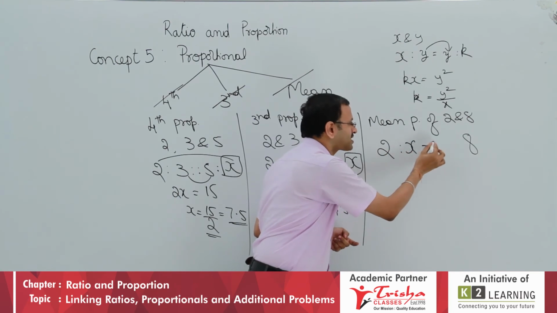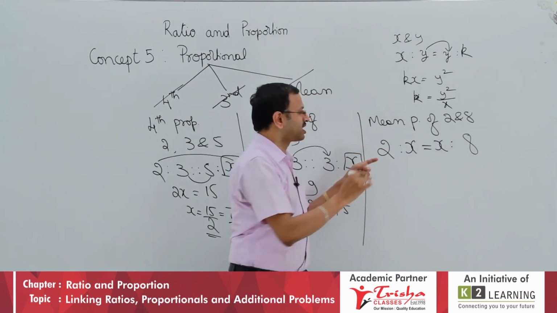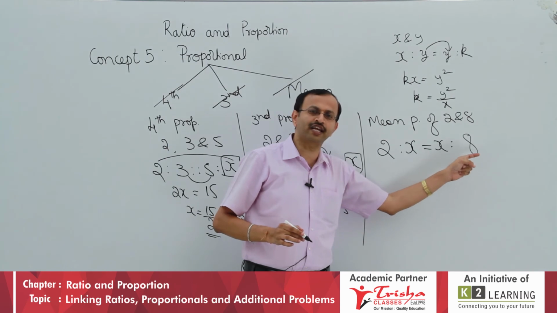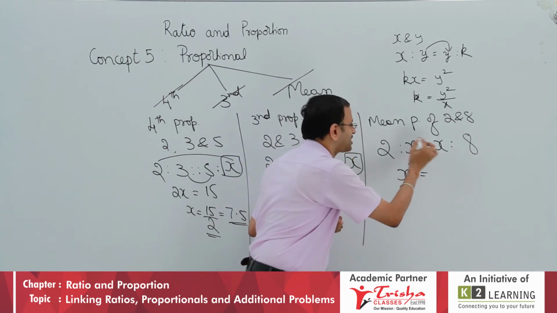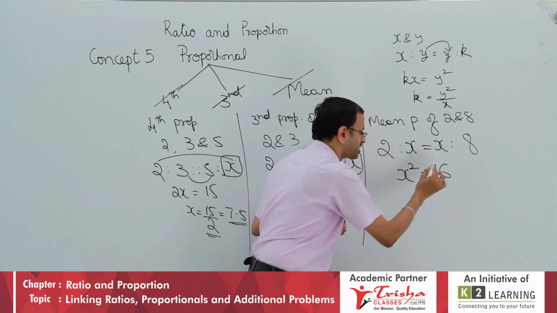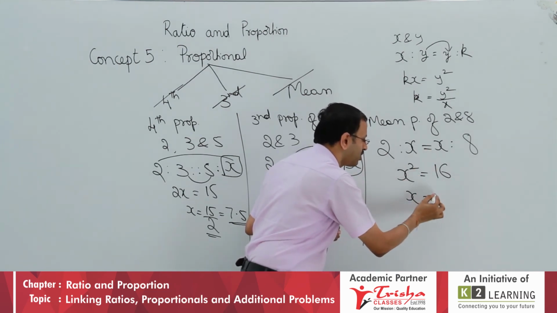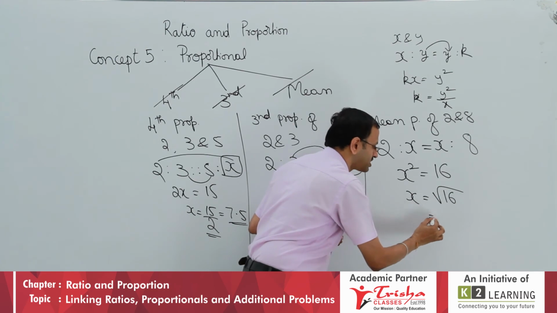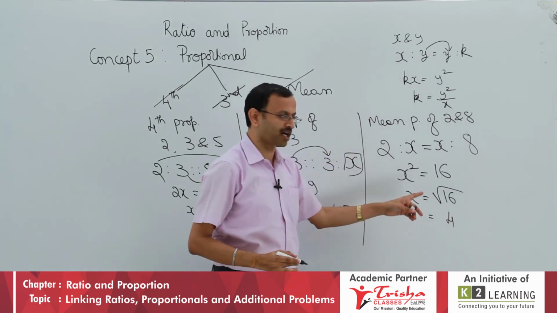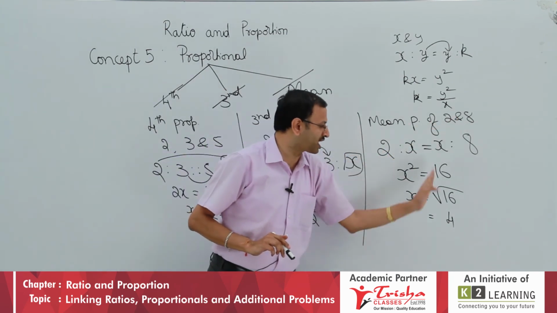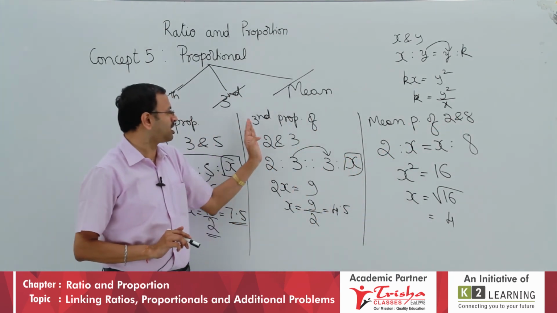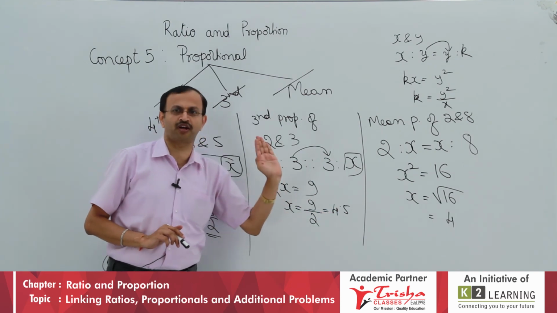2 is to x, and x is to 8. What is the value of x? Students, can we solve it? x square is equal to 16, 2 × 8 is 16, x is equal to square root of 16, which is 4, plus or minus 4, we can write 4. Therefore, the mean proportional of 2 and 8 is 4. Third proportional of 2 and 3 is 4.5.